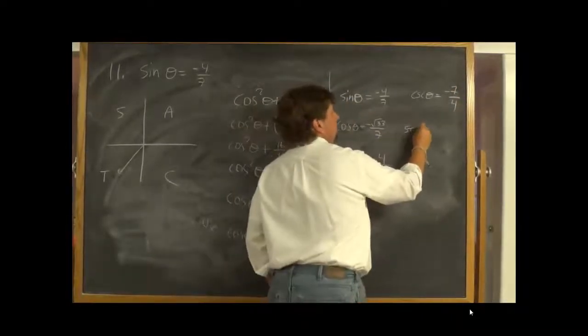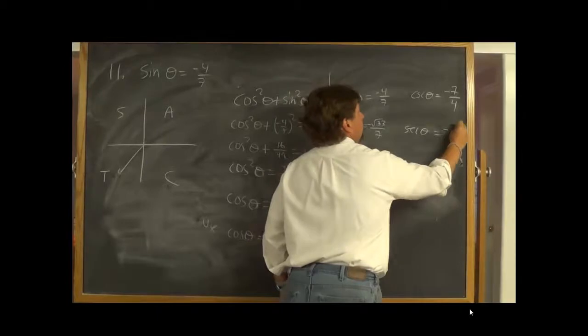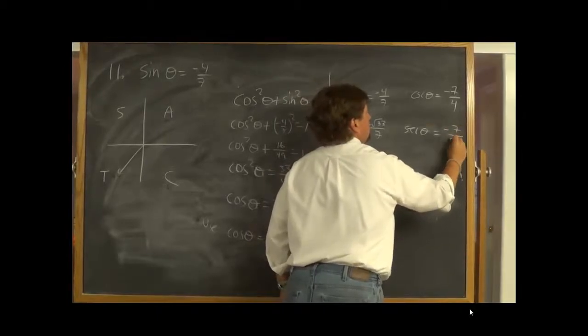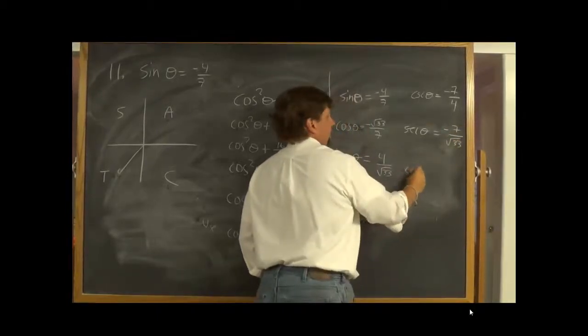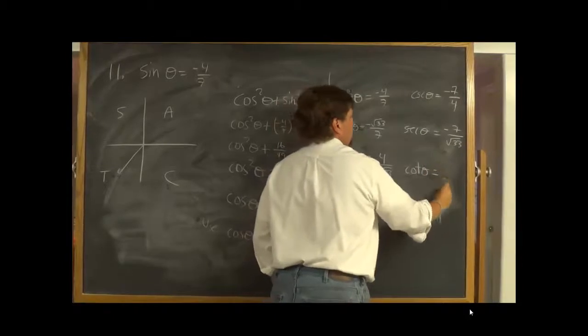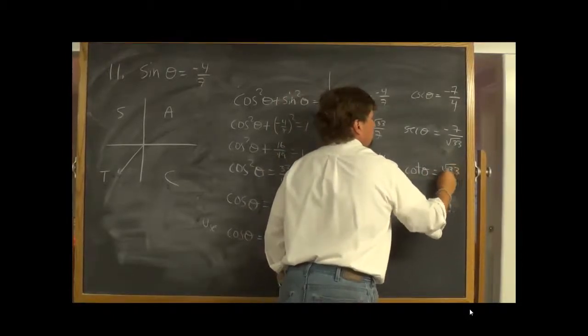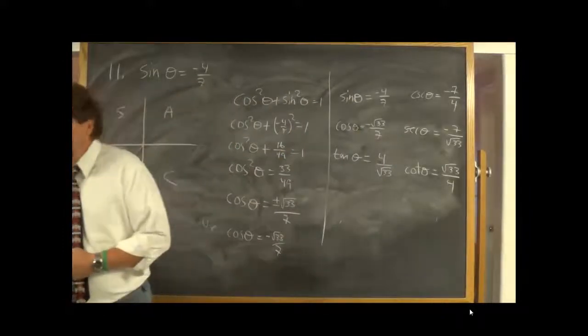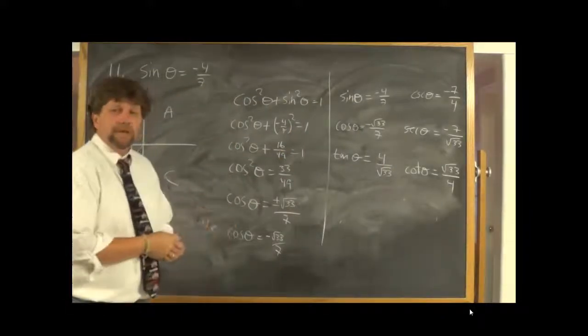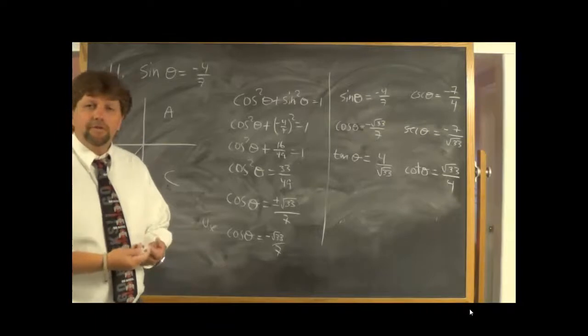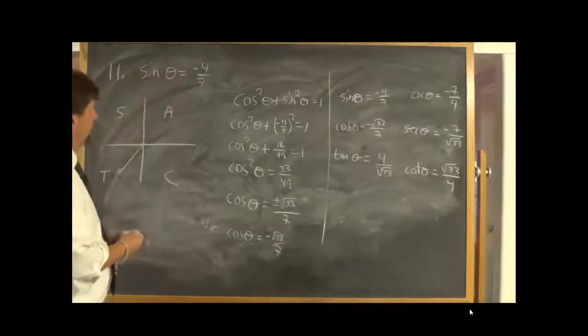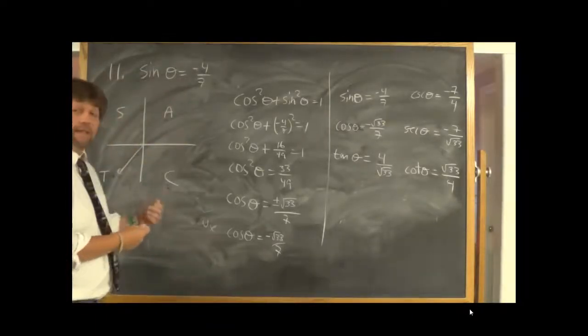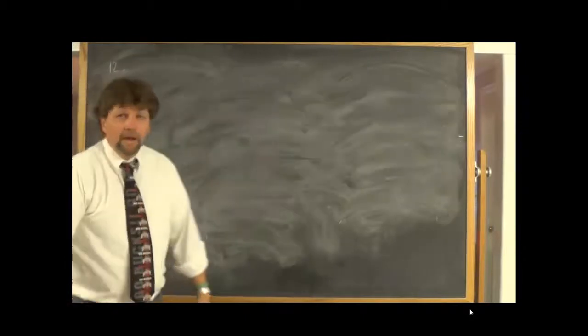Secant is just the reciprocal of cosine. And finally, cotangent, that's just the reciprocal of tangent. So identities kind of make this problem a pretty friendly, pretty straightforward problem. And that's number 11.